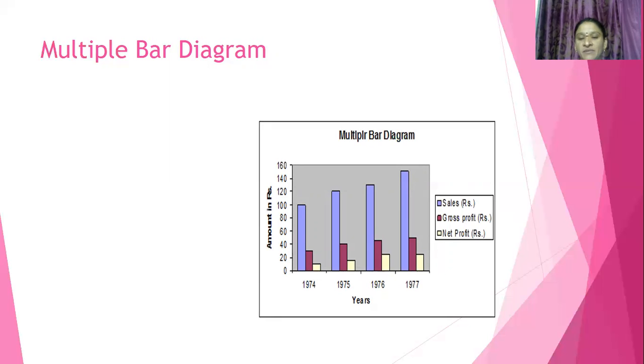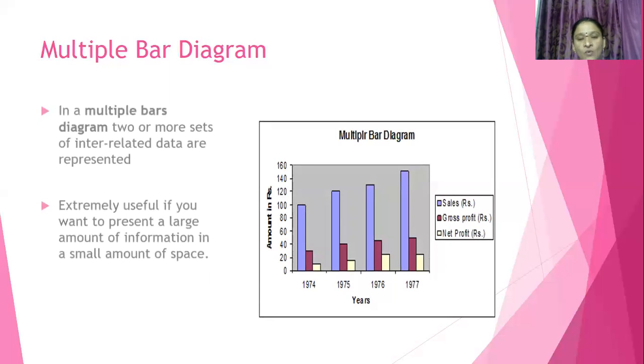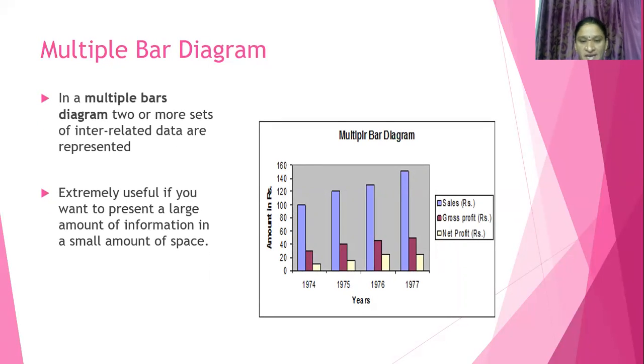All the 3 variables are shown on different bars. So this is how we represent a multiple bar diagram. Multiple bar diagrams represent more than 2 sets of interrelated data in a simple and easily understandable manner. And it is extremely useful when a huge amount of data is to be represented in a more simple manner.